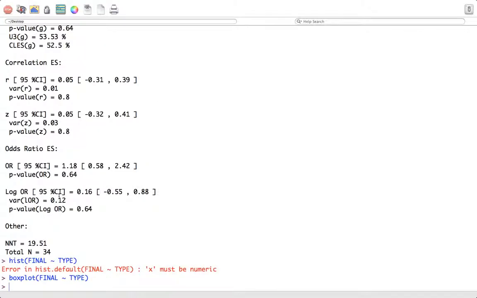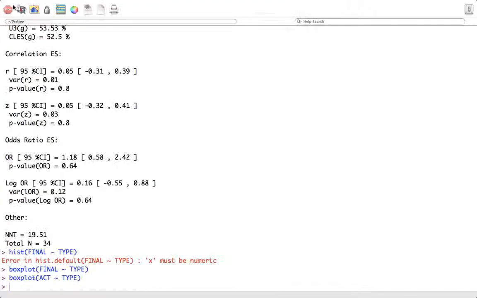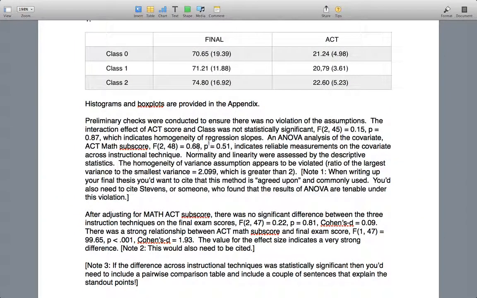And I also would have done a box plot of ACT across type. Of course the equal variance assumption seems more plausible there, but we'll talk about that too. I'd copy and paste those and put those in the appendix.